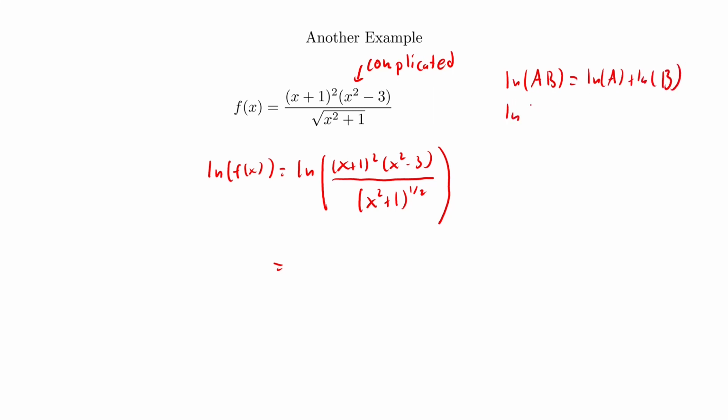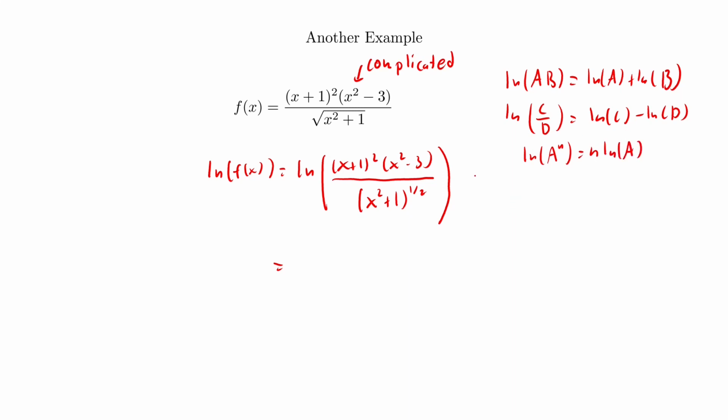And likewise, if I have the natural log of C over D, for example, that's going to be the natural log of C minus the natural log of D. And we also have that other property that if I've got the natural log of, say, A to the power of n, that's going to be n times the natural log of A. That's what we did last time.